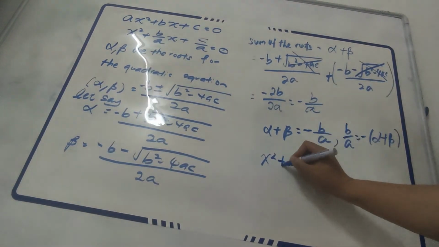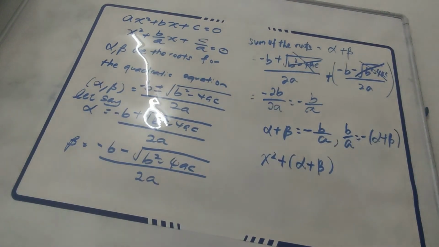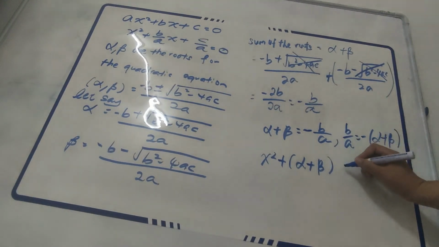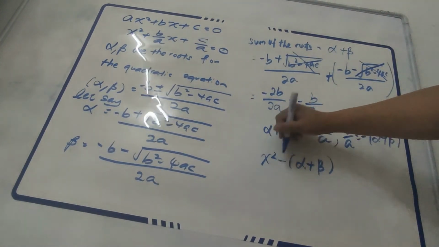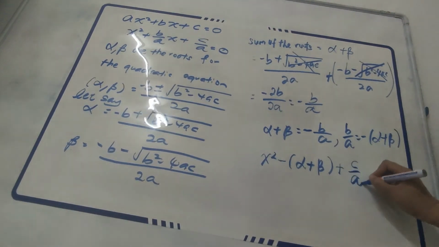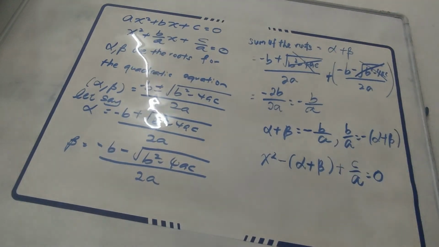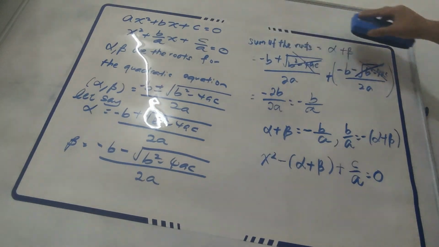So x squared minus alpha plus beta x plus c over a equals 0. Now we solve for the c over a. I try to rub off the whole thing.